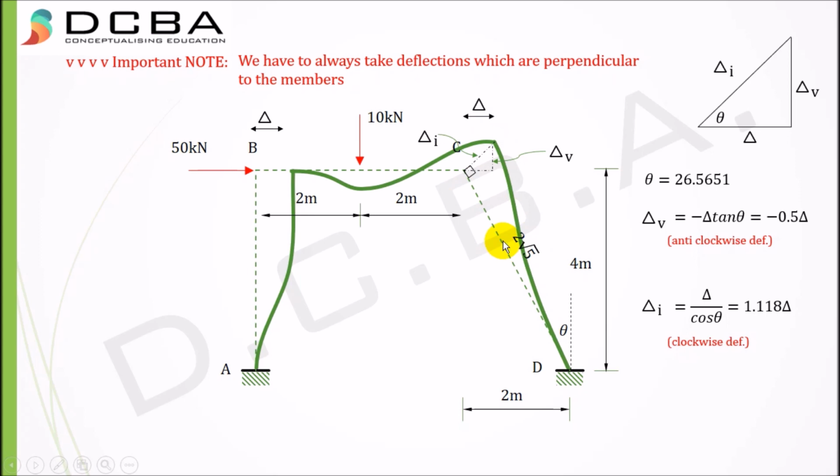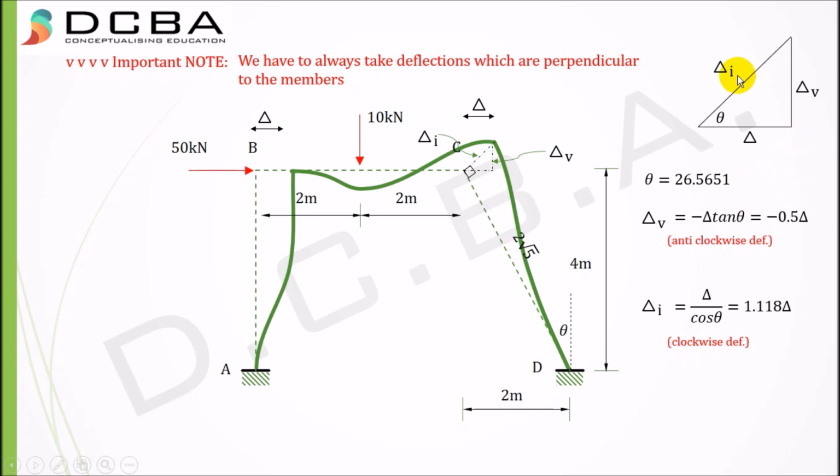From the original axis of the member we draw an angle, and we need to check how that angle is going, whether it is going clockwise or, as in the earlier case, anti-clockwise. That will tell you whether your deflection is negative or positive. Anti-clockwise negative, clockwise positive. So we got delta V and delta I in terms of delta.